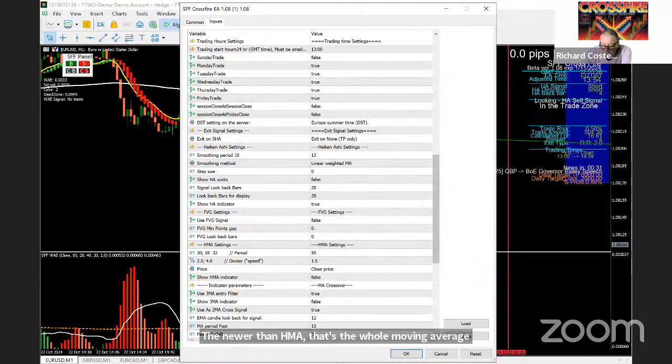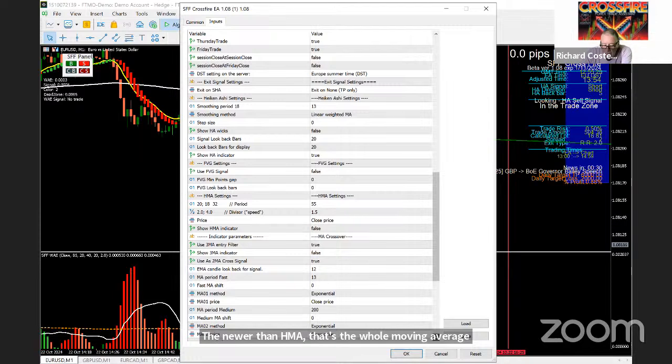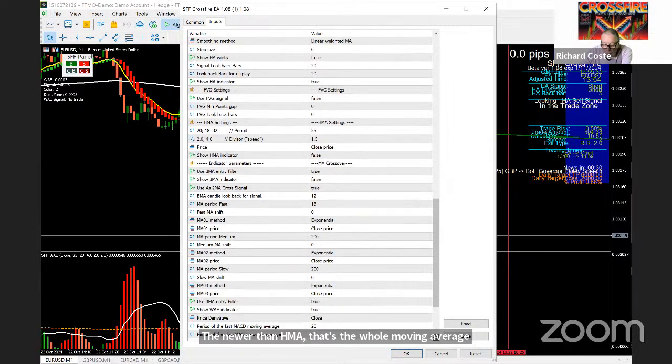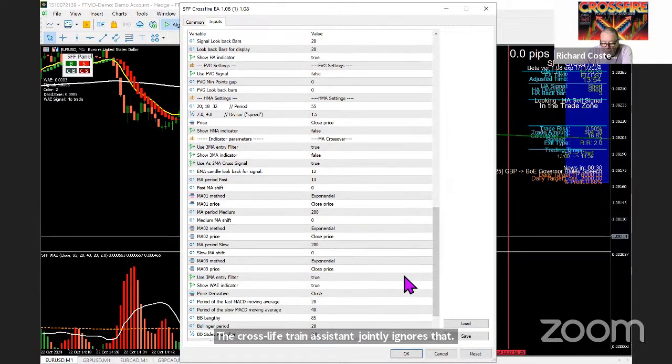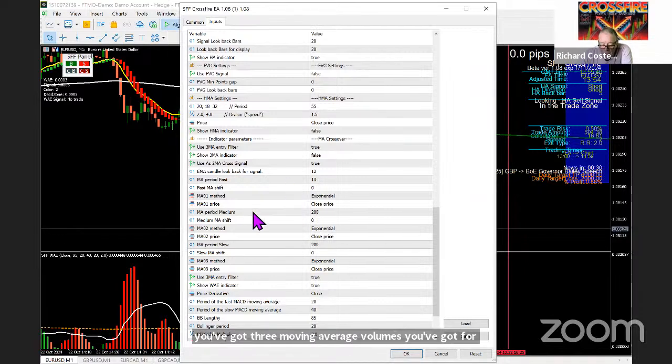The Crossfire Trading Assistant totally ignores that. You've got 3 moving average values. For the fast one, I've got mine set at 13. For the medium one, I've got it set at 200. And for the slow one, I've also got it at 200. So that means it's only looking for the 13 to cross over the 200.